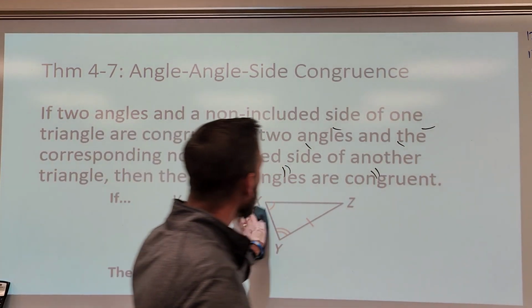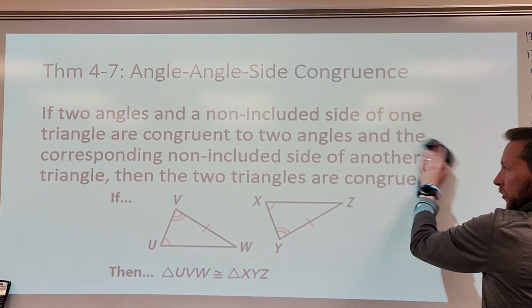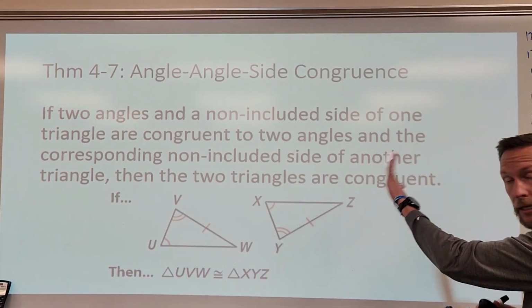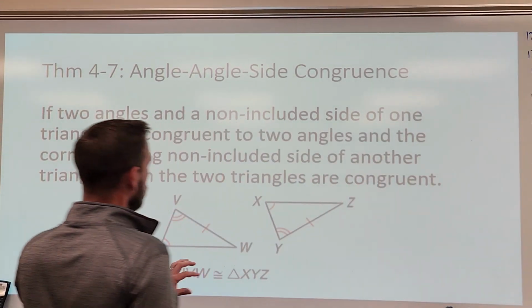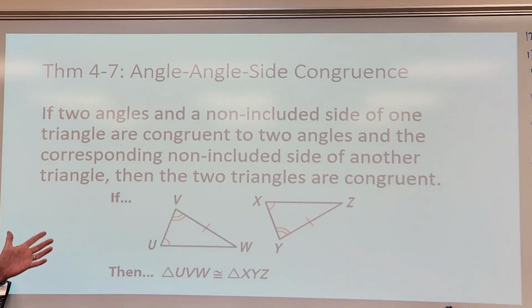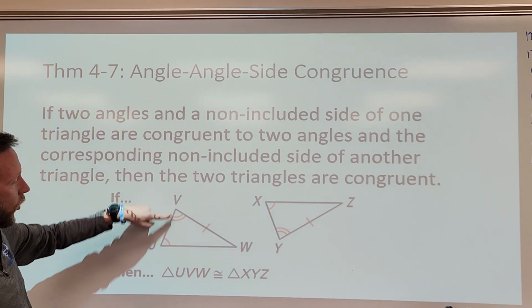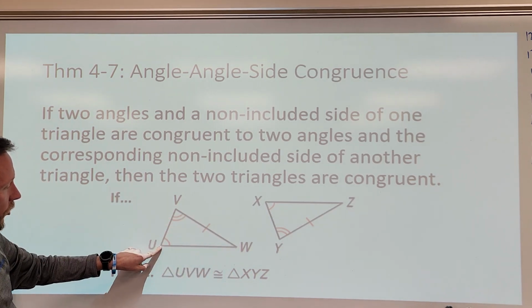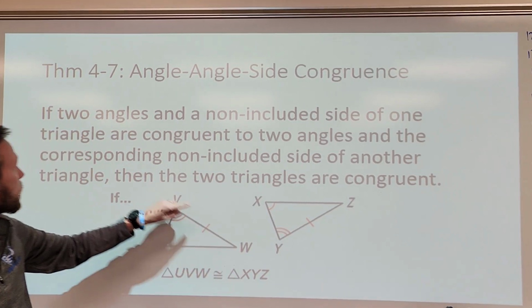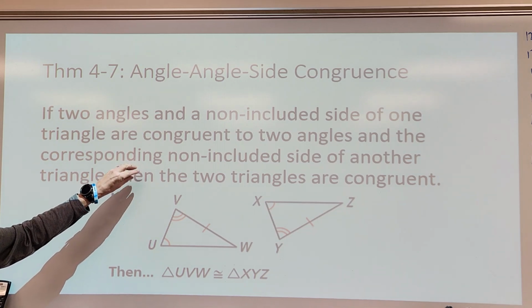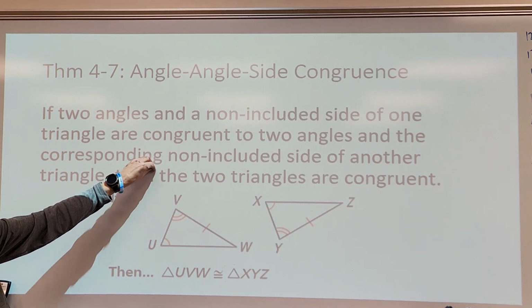Angle angle side is maybe the harder one because it requires us to really read and understand what we're talking about. It's not just 2 angles and then any side. It's if 2 angles and a non-included side of one triangle, so angle 1, angle 2, and then the side that comes next, are congruent to the corresponding non-included side.